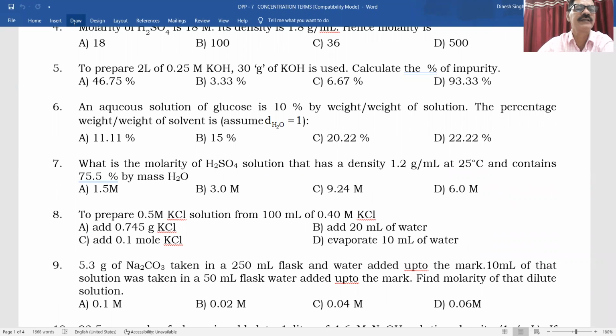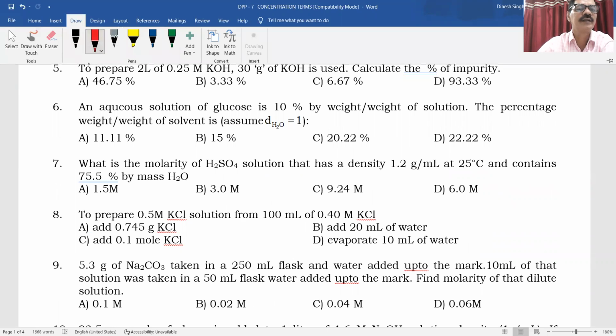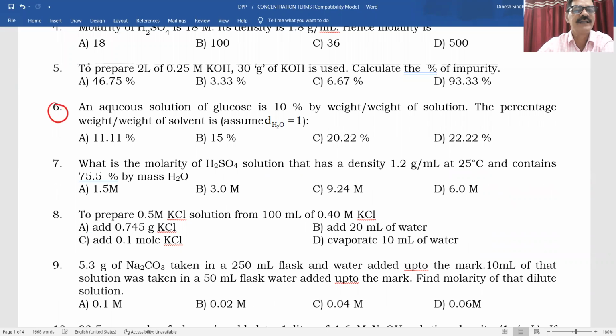What is it asking? An aqueous solution of glucose is 10% weight by weight of a solution. So he is asking the percent weight by weight of solvent, and for water he is considering the density equal to 1. So a weight by weight percent glucose solution is there.